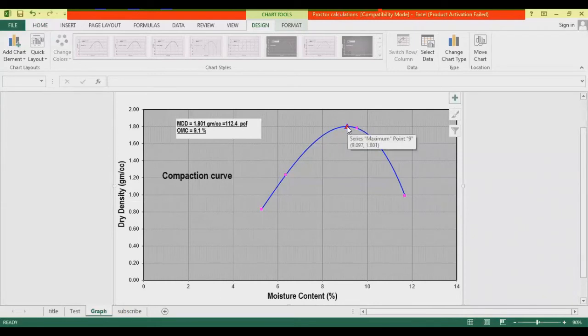The peak of the curve will be selected and it will be projected on the x-axis to get the optimum moisture content value of 9.1%, and it will be projected on the y-axis to get the maximum dry density value of 1.8 gram per cubic centimeter or 112.4 pounds per cubic feet. So this is how we are plotting the compaction curve from the data of standard Proctor compaction test.